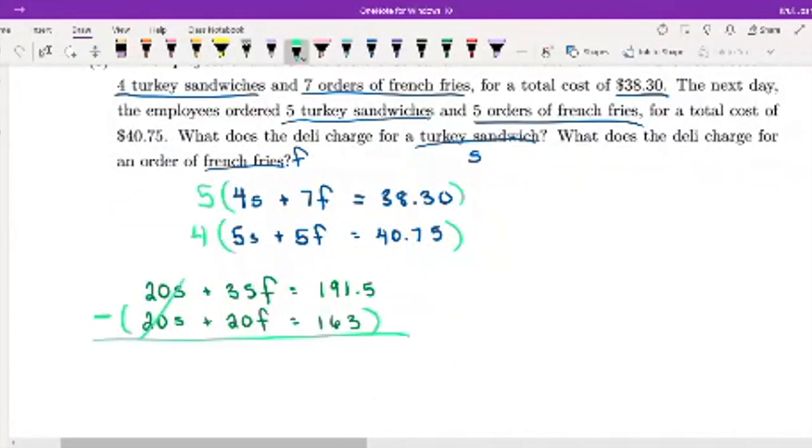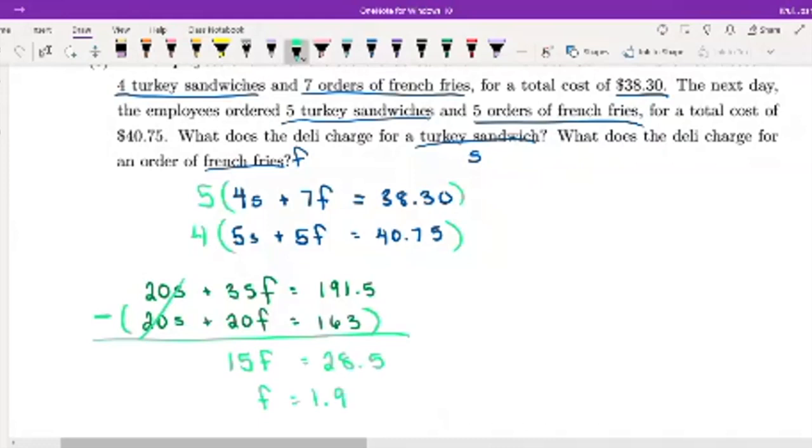So here we go. 35 minus 20 is just 15F. And 191 and a half minus 163 is 28 and a half. We divide both sides by 15 to get 1.9.